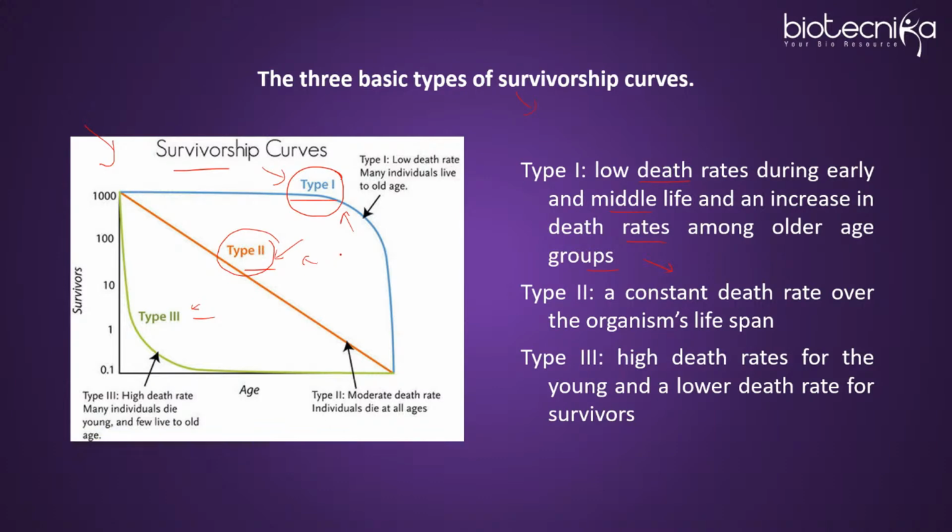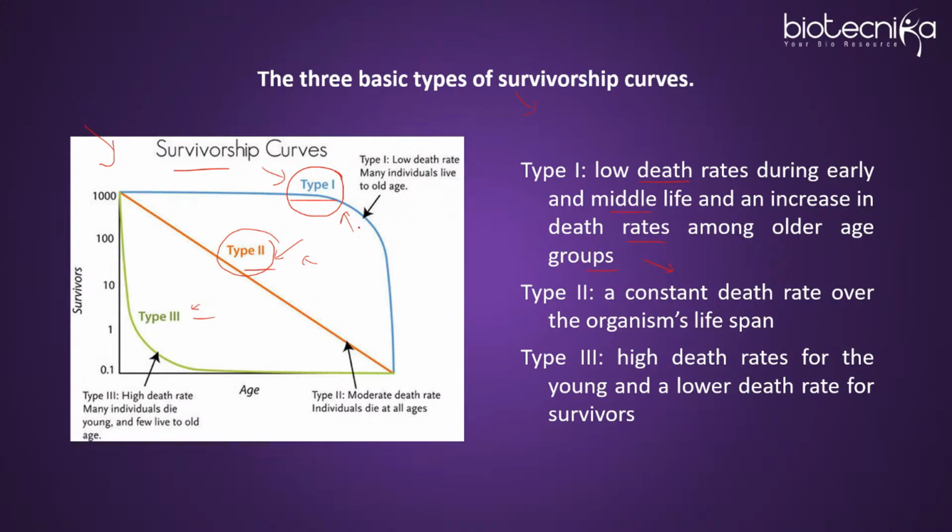Now, who belongs to type 1, type 2 or type 3? Can you tell me any example of the organisms which follow the type 1 survivorship curve? Subrata, you have already answered.